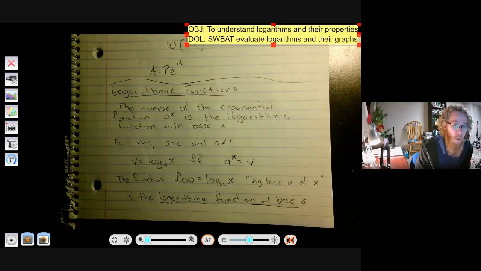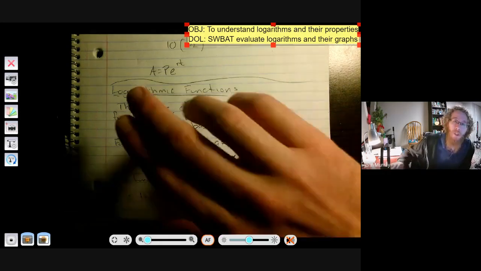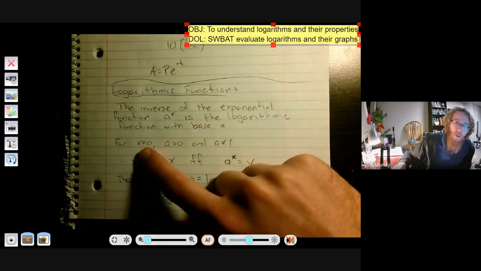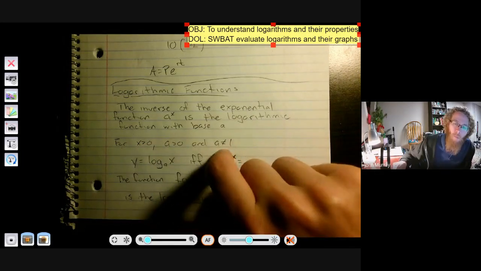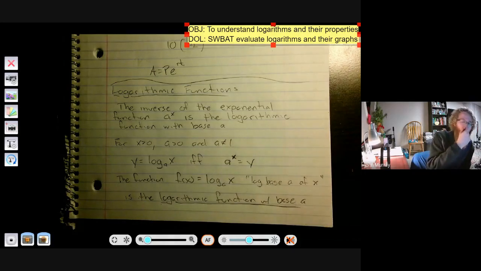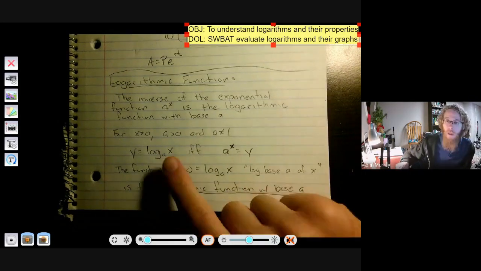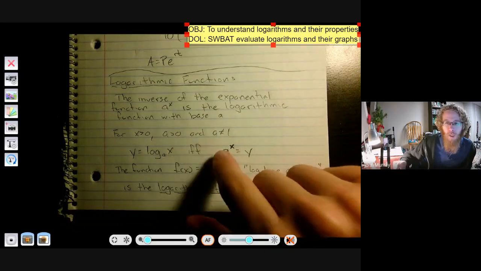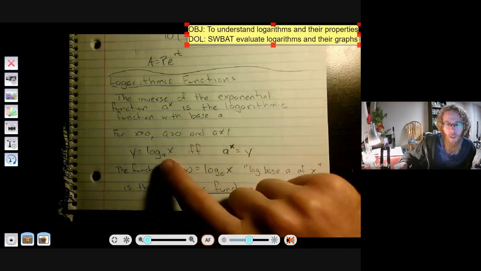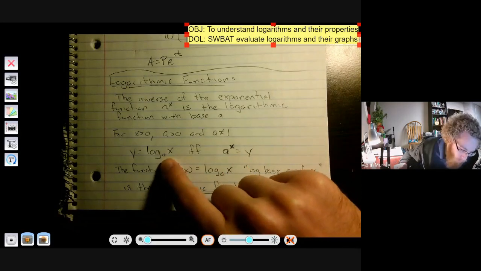So that's a key part. Just like our exponential function, we're looking at values of a that are positive and not 1. If it was 1, it wouldn't really work. So here we have a direct relation between the exponential function and the logarithmic function.